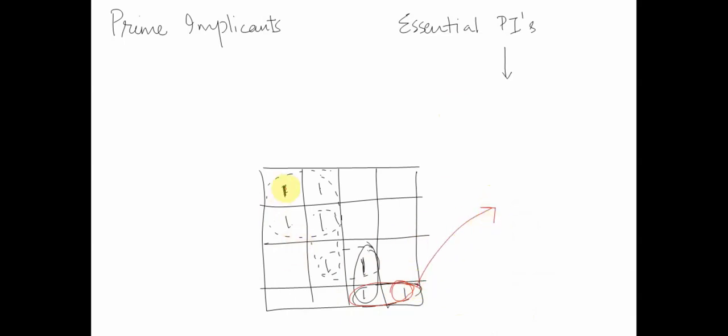Similarly for this one, only this group is possible, so this is another essential prime implicant. There are two essential prime implicants in this example, and essential PI simply means that the final expression needs to have these terms. The final expression cannot do away without these terms, right?